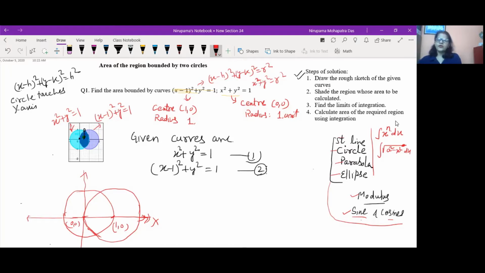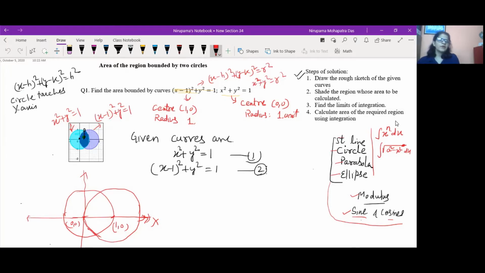Now, drawing the rough sketch. In step 1, we draw the rough sketch. You see, we have drawn one circle with center at (0, 0) and radius 1 unit, and the second circle with center at (1, 0) and radius 1 unit. Drawing the rough sketch doesn't mean you just draw a circle in any manner; draw it with common sense.